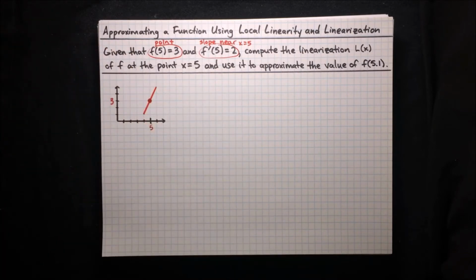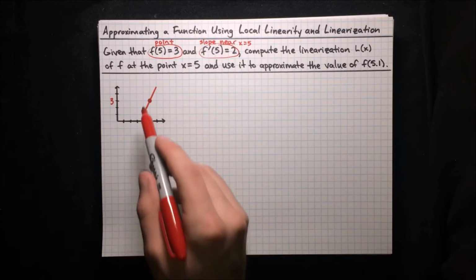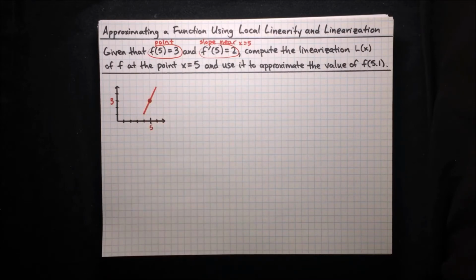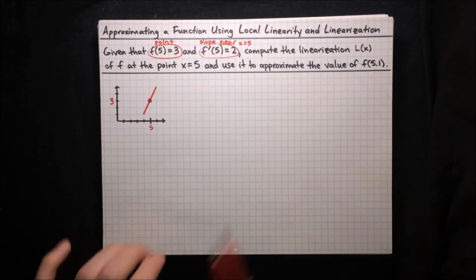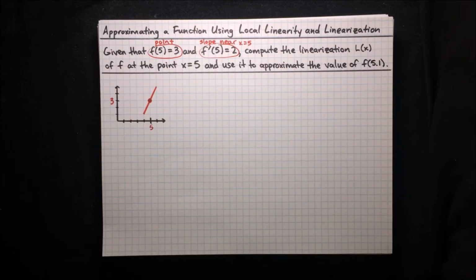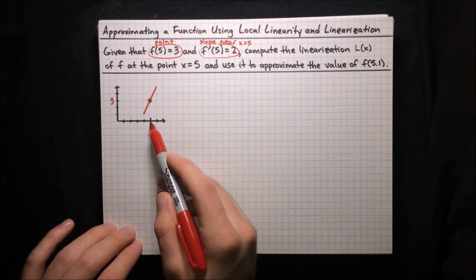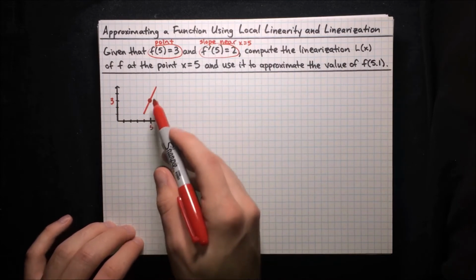Keep in mind this isn't exactly what f looks like, but around this neighborhood of the point (5, 3), this is approximately what the function f looks like. And really that's all we need, an approximation. We just want to approximate the value of f of 5.1. And to do that, we're going to use the fact that near this point x equals 5, the function looks really similar to a line with slope 2.